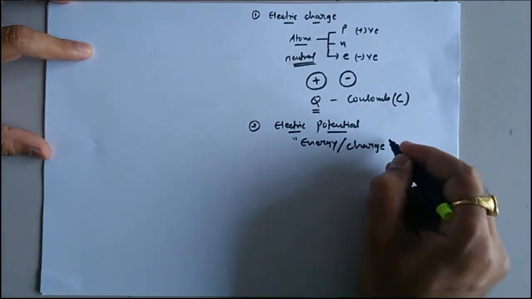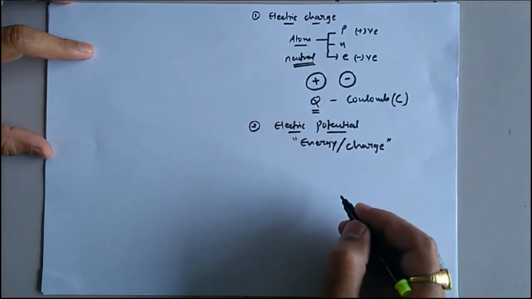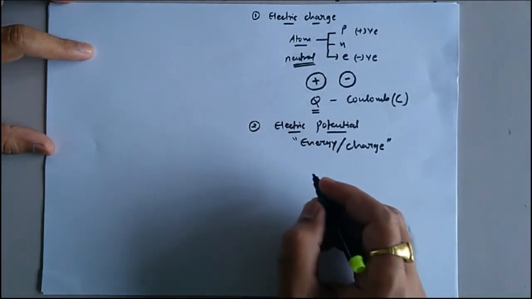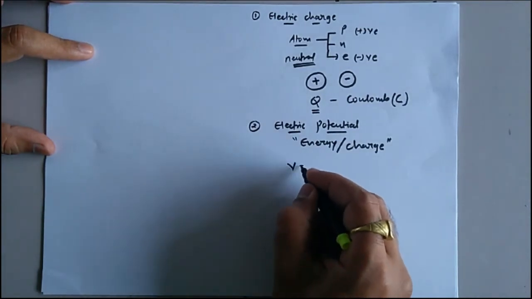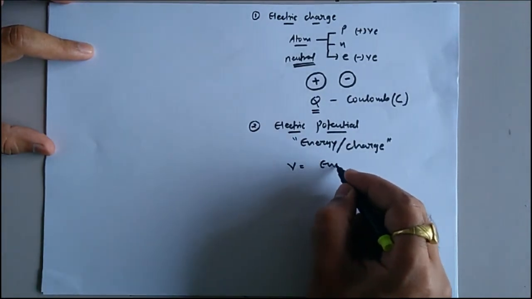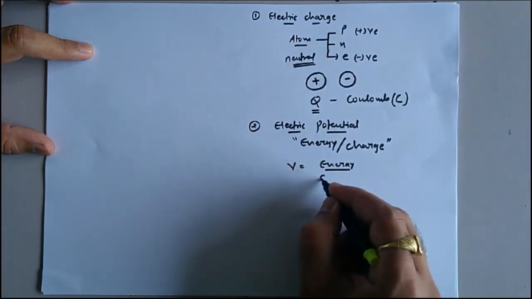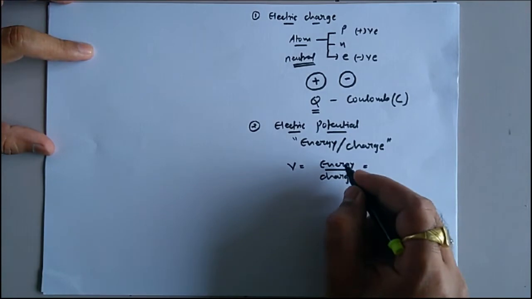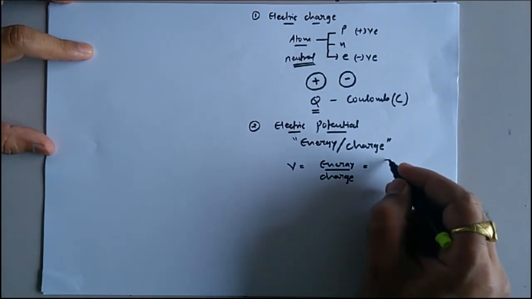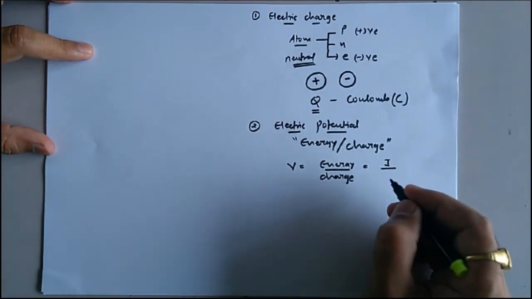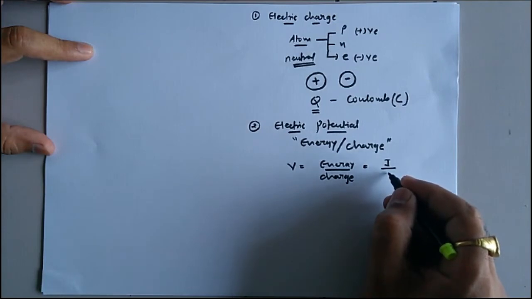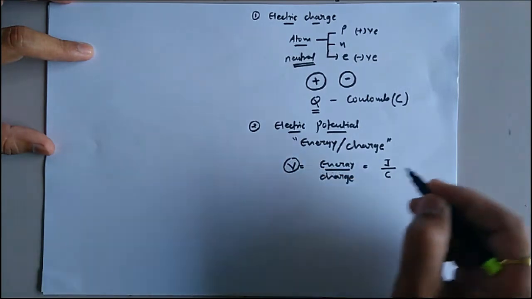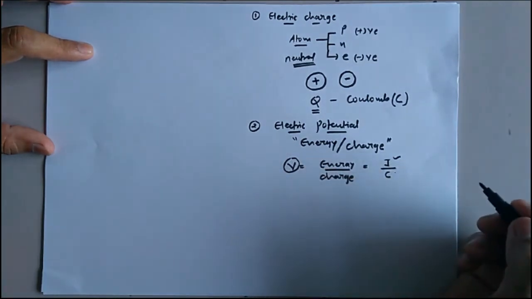So energy per unit charge is nothing but electric potential, and mathematically electric potential is indicated by symbol capital V, and it is given by energy per unit charge. Now if energy is represented in terms of joule and charge is represented in terms of coulomb, then the unit to represent electric potential is nothing but joule per coulomb.